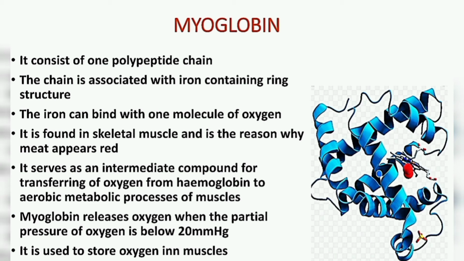So the second line is that myoglobin releases oxygen when the partial pressure of oxygen is below 20 mmHg. This means that the myoglobin does not release oxygen in a normal way, but only releases oxygen when the partial pressure of oxygen is below 20 mmHg. This shows that the myoglobin is usually used to store oxygen.